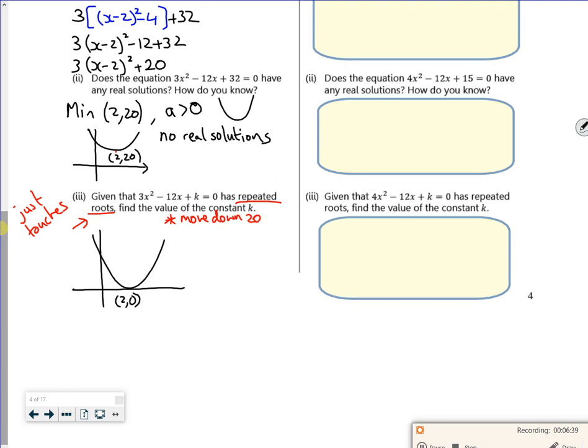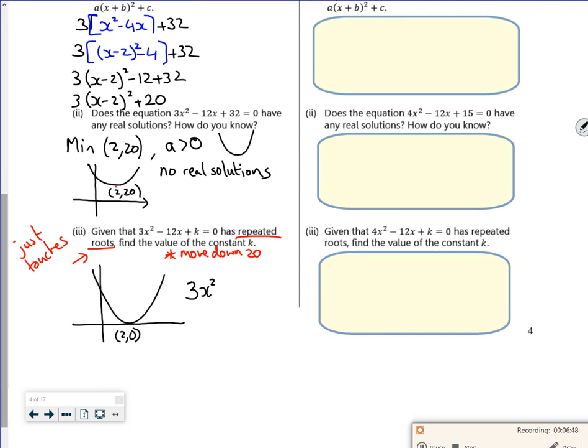So if I take my original function, which was 3x squared minus 12x plus 32, now the bottom of that graph is 20 high, and what I want to do is bring that down. I want to take it down by 20, so it sits on the axes.